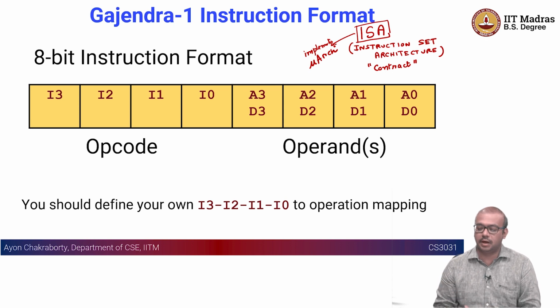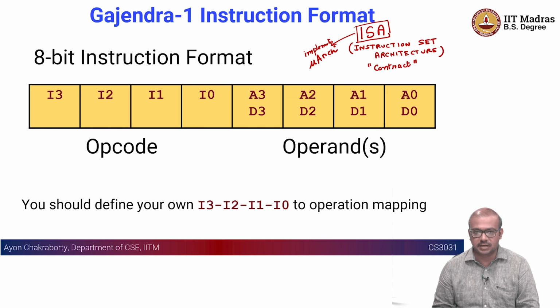Okay, so hope you understand this term called ISA and this term called microarchitecture, and we are specifying a certain instruction set architecture. Note that coming up with an ISA is also design work, right? It's not that you have to have this particular ISA.